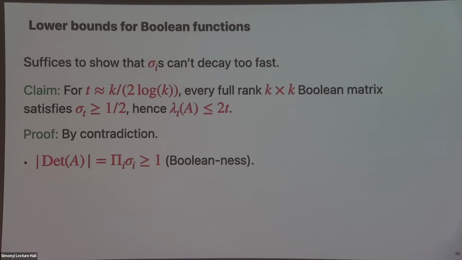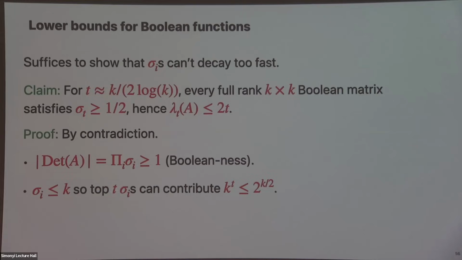And now you can imagine that there's a tug of war between the large singular values and the small singular values to maintain this determinant to be at least 1. But unlike the small singular values, which can be incredibly small, the large singular values cannot be too large. This is just because of some Frobenius norm condition. The sum of the singular values squared is at most k squared, right? So nothing can be larger than k.